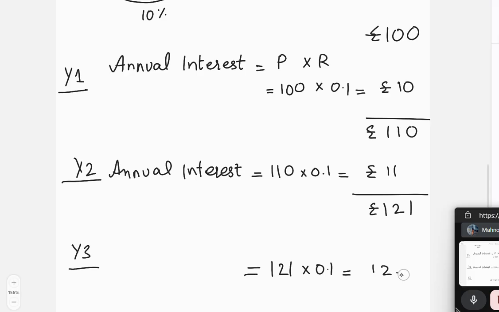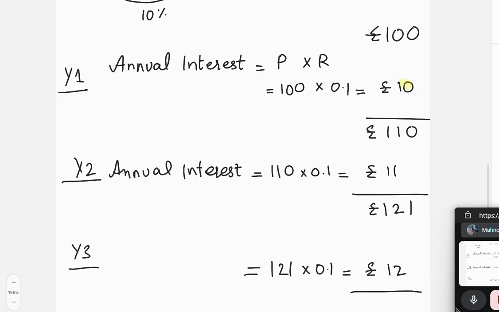I'm just rounding it off for now, and when you round it off to a whole number, it's going to be 12. So this is how much interest you will have at the end of year 3.